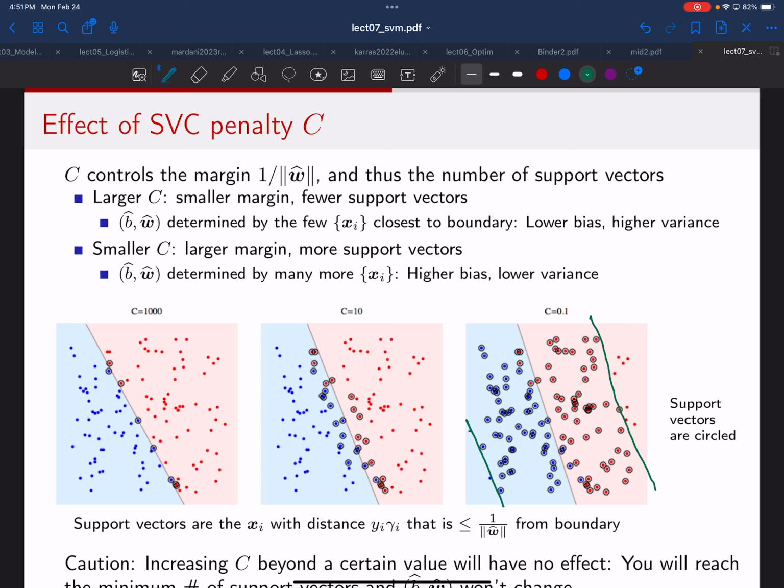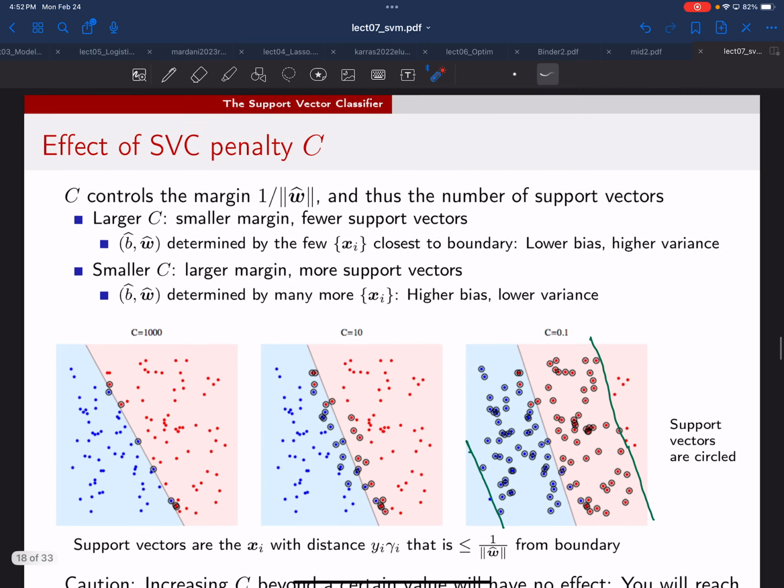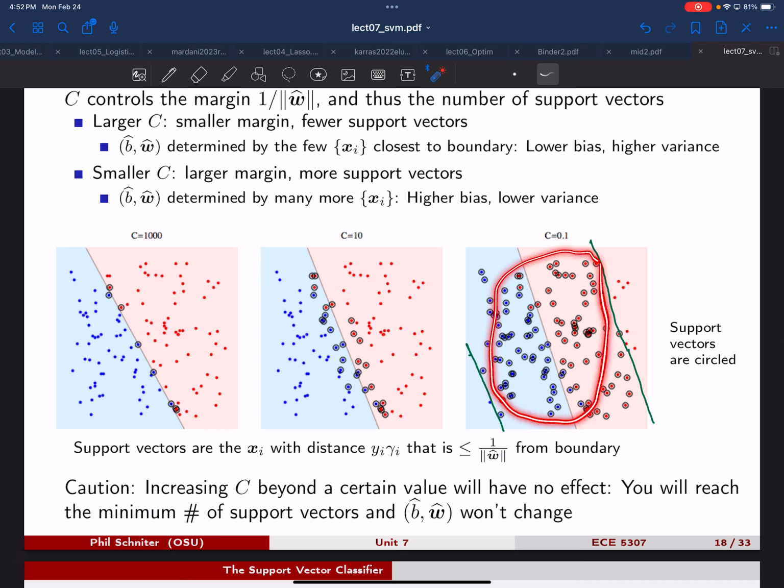I didn't draw those lines perfectly. Sorry about that. That's a very wide street, and that corresponds to a large margin or a small norm of W. Because C was small, it said, let's really try to make the norm of W small, which made that street wide, and it doesn't really care if there are a whole bunch of violations or support vectors. So tons of support vectors.